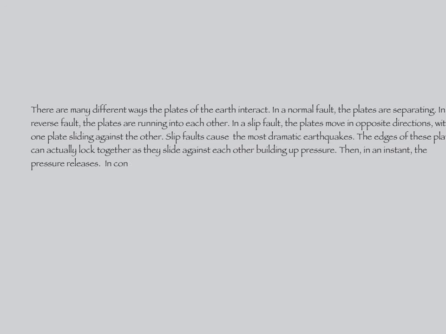So, in conclusion, the way the plates of the Earth interact and react to each other determines the type of earthquake. And that is wrapping up and summarizing several of the details throughout the paragraph.